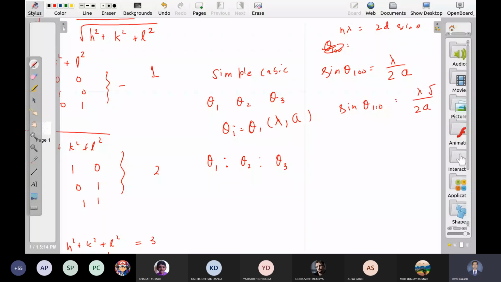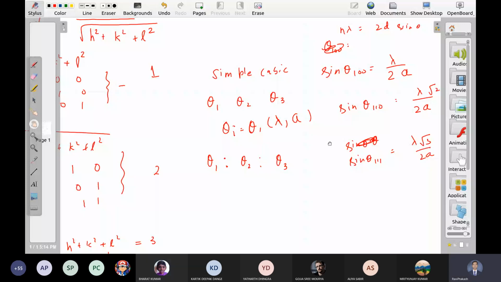Sine theta 111 is equal to lambda root 3 upon 2A. What is the ratio of sine theta 100, sine theta 110, sine theta 111? 1 is to root 2 is to root 3. So it is a constant, right? It does not depend on lambda, it does not depend on A also.